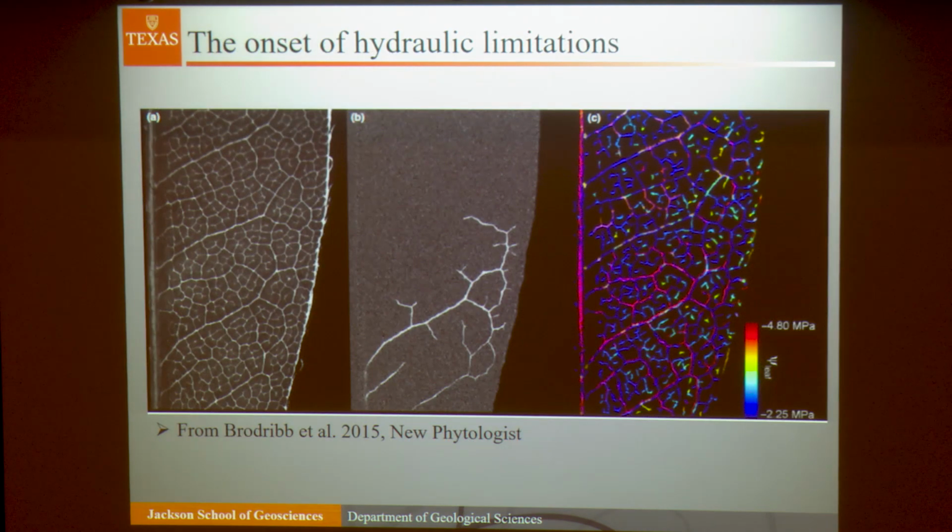And so Tim Brodribb really recently, in 2015, developed a new way to look at embolism inside of plants visually. And so he was able to show what an embolism looks like as it happens. If this picture is our whole leaf venation structure, this is one embolism event that started in the midrib and was transported into the secondary and tertiary veins in the leaf.